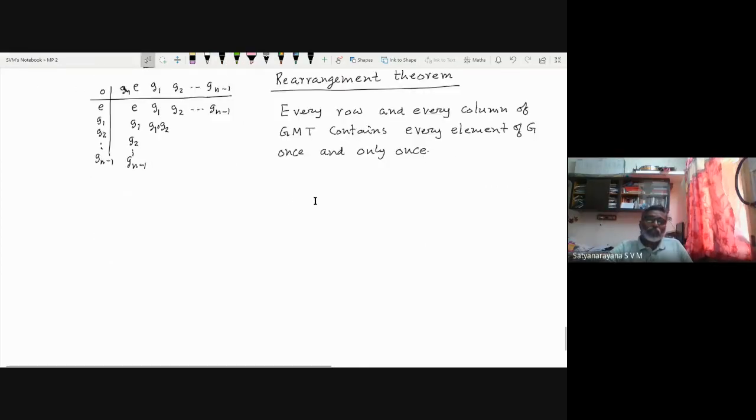So this is called the rearrangement theorem. Now let's try to write down a simple proof of this.